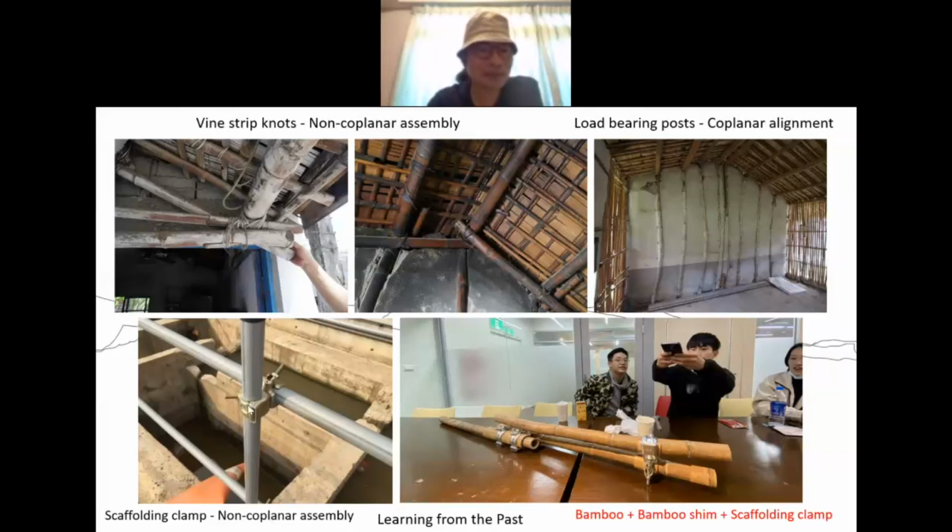The lower left corner picture is the modern scaffolding. The scaffolding is made of steel pipe, but uses scaffolding clamps. So again, that's non-coplanar assembly, but it allows this freedom of movement through rotation. So we learned from this and came up with our own development system.